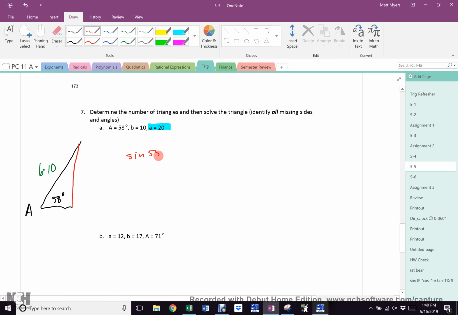Sine 58 equals Q over 10, yes? So what's Q? 10 sine 58. What's Q? Where do I go to find that answer? Calculator. What is it? Someone's got their calculator. You can tell me.